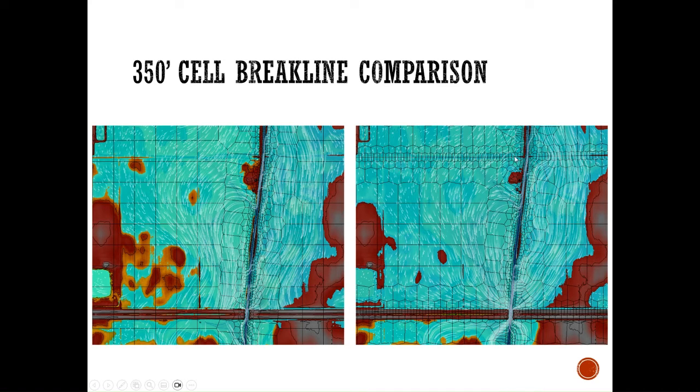When we do enforce those break lines on the right side, you can see that we do get that flow constriction where the roadway is not overtopped. So flow is forced to move through the bridge opening and not move across the embankment. Here at this upstream roadway, where the roadway is actually being overtopped, the model still allows flow to move across or over that roadway embankment.